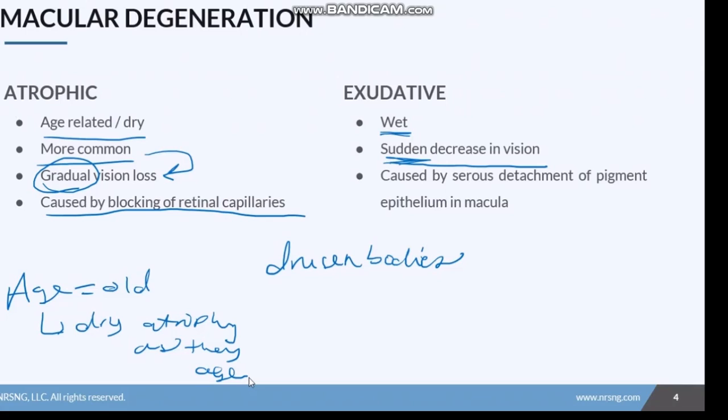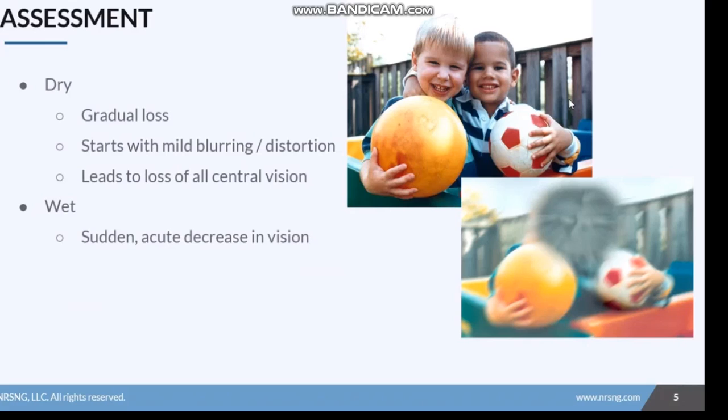And then with exudative, I think of the definition of exudate. Exudate equals drainage, right? So exudative is wet because there's literally leaking blood vessels that cause the vision loss.